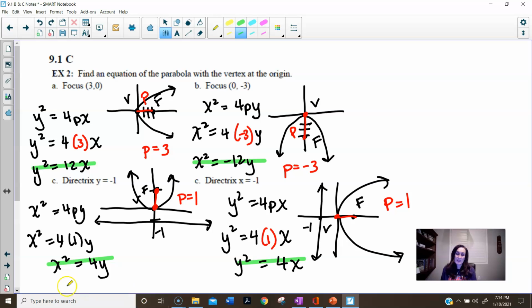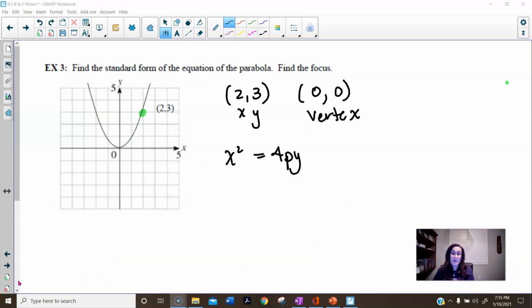All right, I'm hoping you're getting this. Let's go on to the next example. So looking at this one, it's a parabola that opens up. So we know it's an x squared equation. So x squared equals 4py. We know that the point on the parabola (x, y) is (2, 3), and the vertex is at (0, 0). First thing we want to do is figure out what p is. So how we're going to do that is we're simply going to plug in x and plug in y.